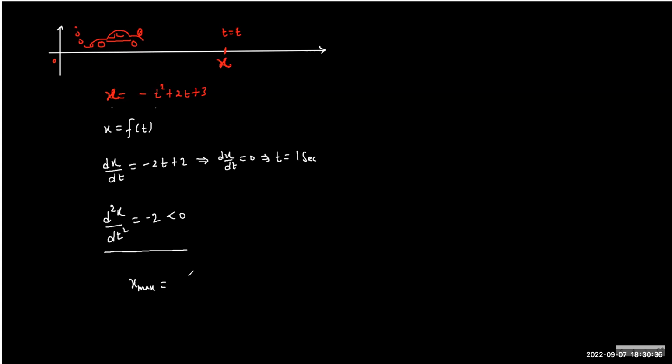At t equals 1 second, x equals x max. So let me substitute: minus 1 square plus 2 into 1 plus 3, which is 4. 4 meter, let's say if this is in meters, is the maximum distance you can go.